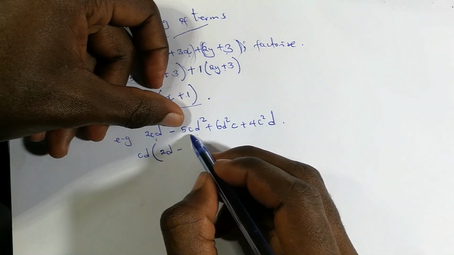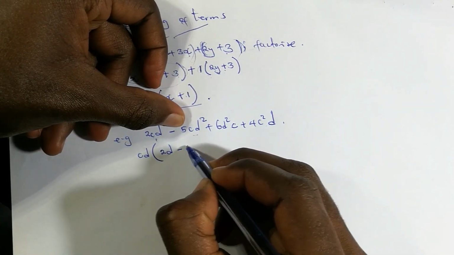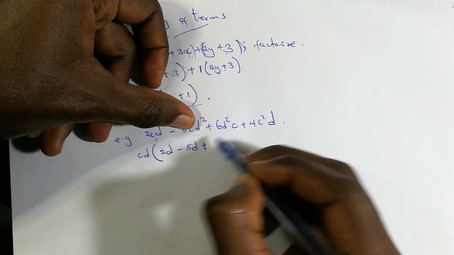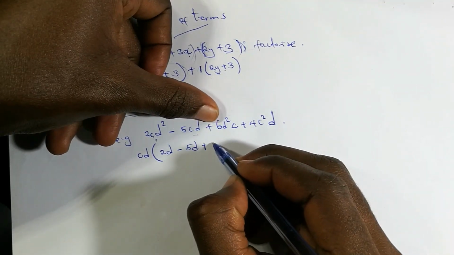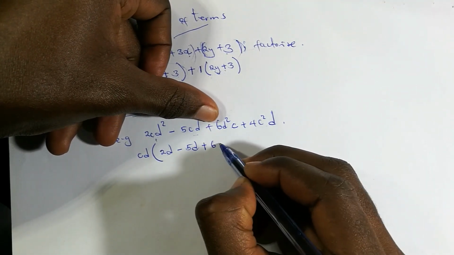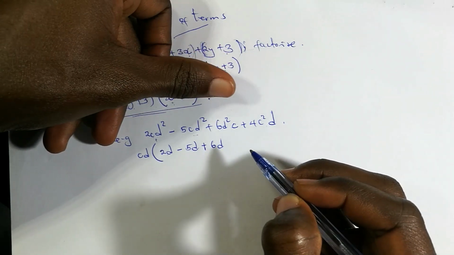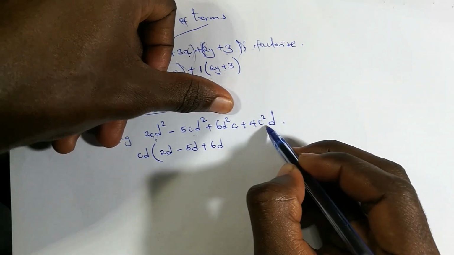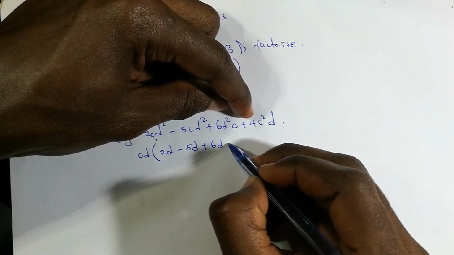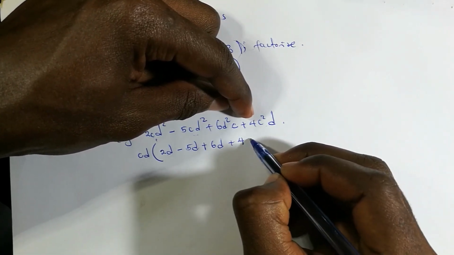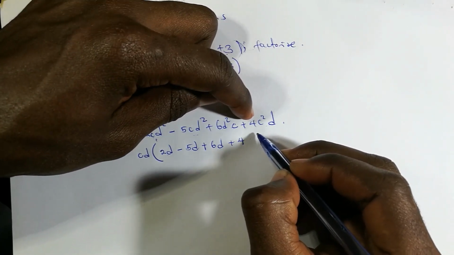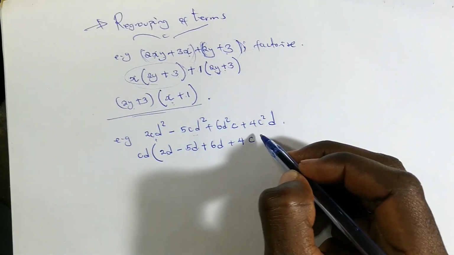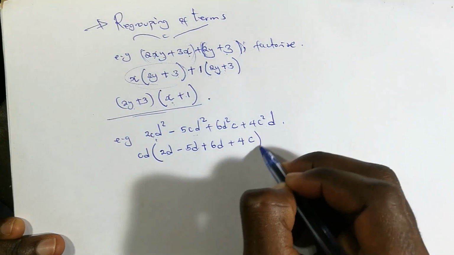If you remove out cd, we are going to remain with 5d, then plus. If we remove out cd, we are still going to remain with 6d, this d squared. Then here, if we remove out the cd, we are going to remain with plus 4c only, since d is not squared in that term.